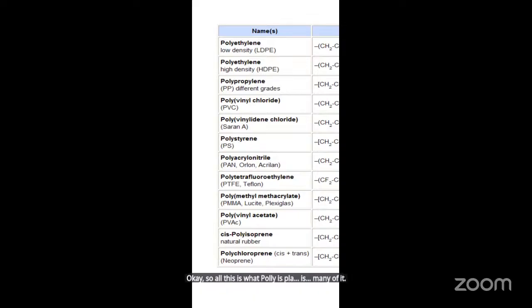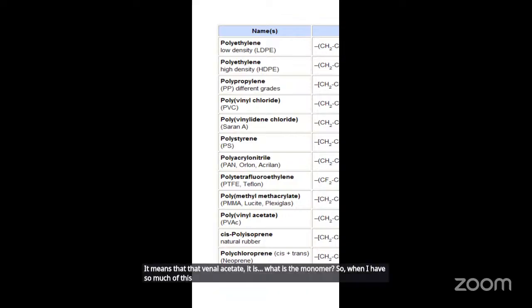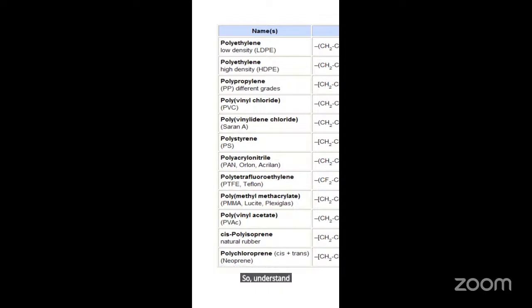Whatever you have after the poly, look at this vinyl acetate. It means that vinyl acetate is the monomer. So when I have so much of this vinyl acetate, I have polyvinyl acetate. So understand the word poly is many. Whatever is becoming the poly is the monomer.